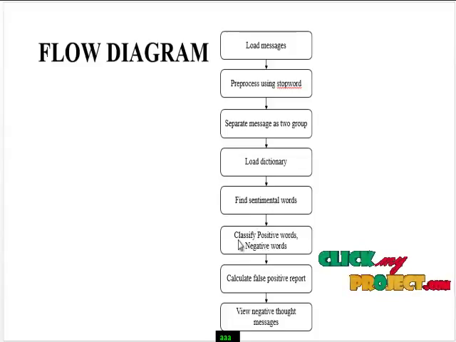After classifying, the next process is to calculate our false positive report, like the false positive or true negative. And the next process is to view the negative thoughts of the messages. Here we show the negative thoughts of the messages.